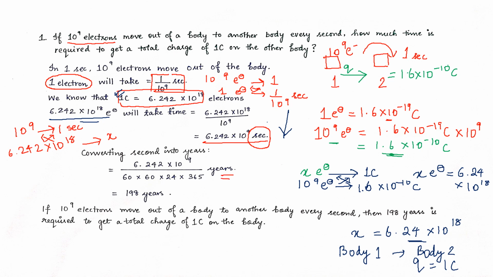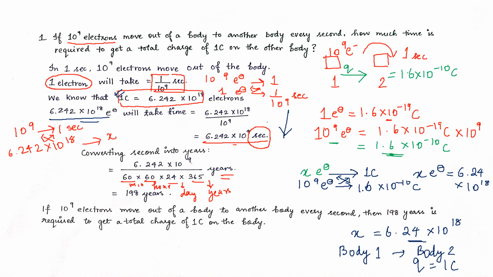For converting into years, this number is divided by 60 to convert seconds into minutes, again 60 to convert minutes into hours, then 24 to convert hours into days, and then 365 to convert days into years.